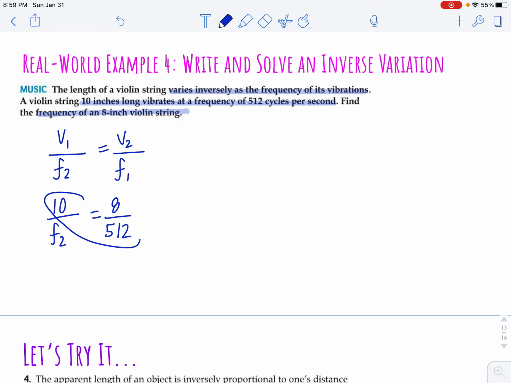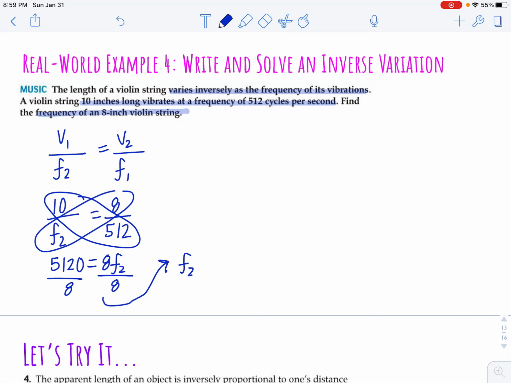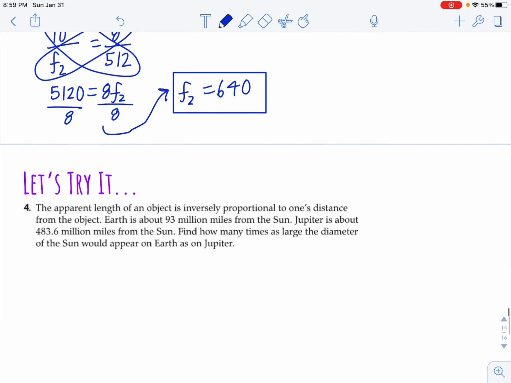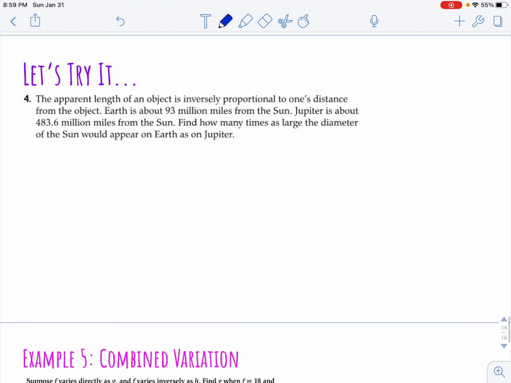So then you would cross multiply, giving you 5,120 equals 8F2. Divide by 8, and you get F2 equals 640. So now I'd like you to try number 4 on your own, please.